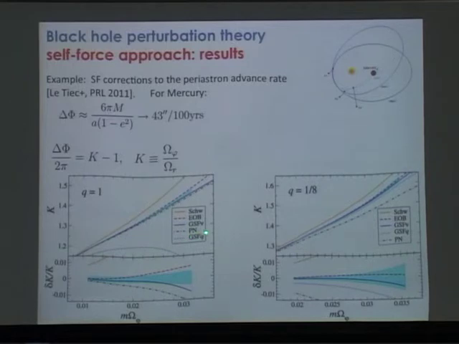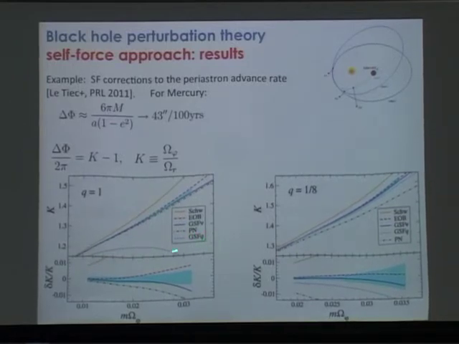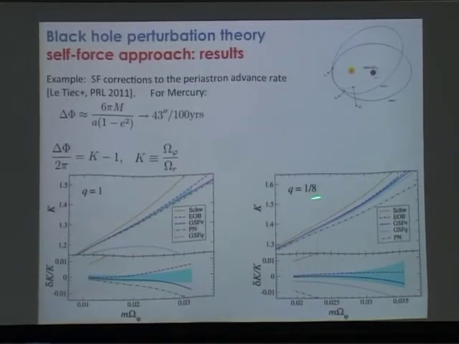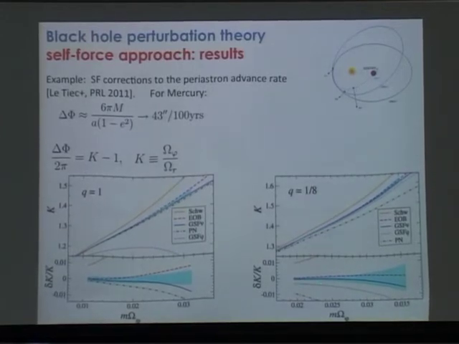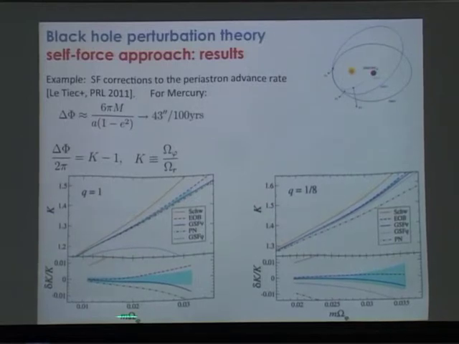The gravitational self-force approach actually does very badly, but it does better, of course, when you have a smaller mass ratio, as you expect. And post-Newtonian does about as well as you expect it to do in this sort of situation.